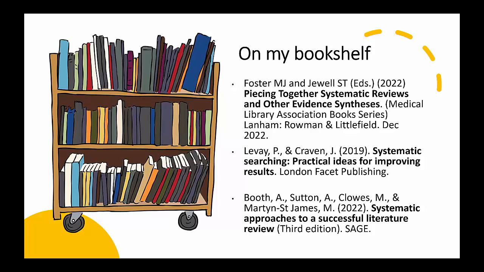It's really good. Qualitative, quantitative studies, medical, social science, all of those things. Of course, I put Sarah and I's book on there. And then I also put this other book from Levy and Craven on systematic searching. Very good. They wrote the chapter on example searches for me in Sarah's book.